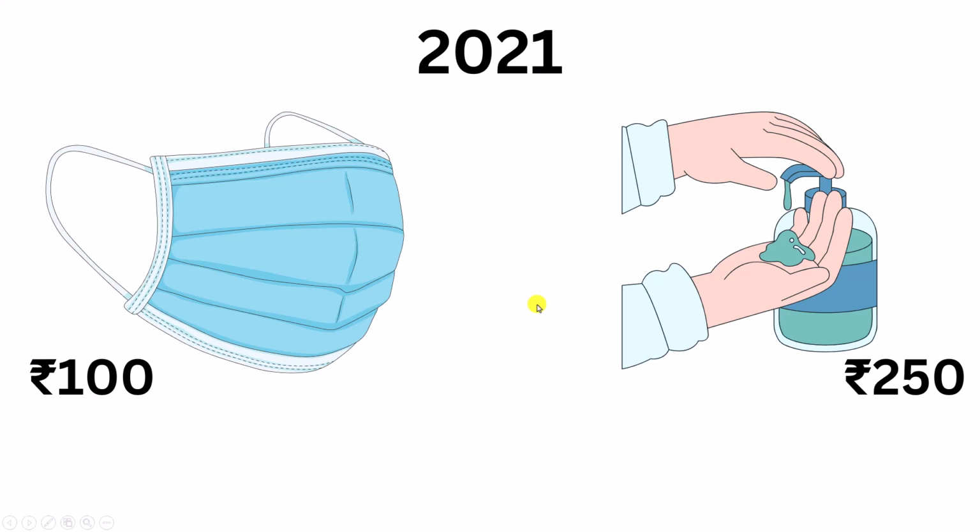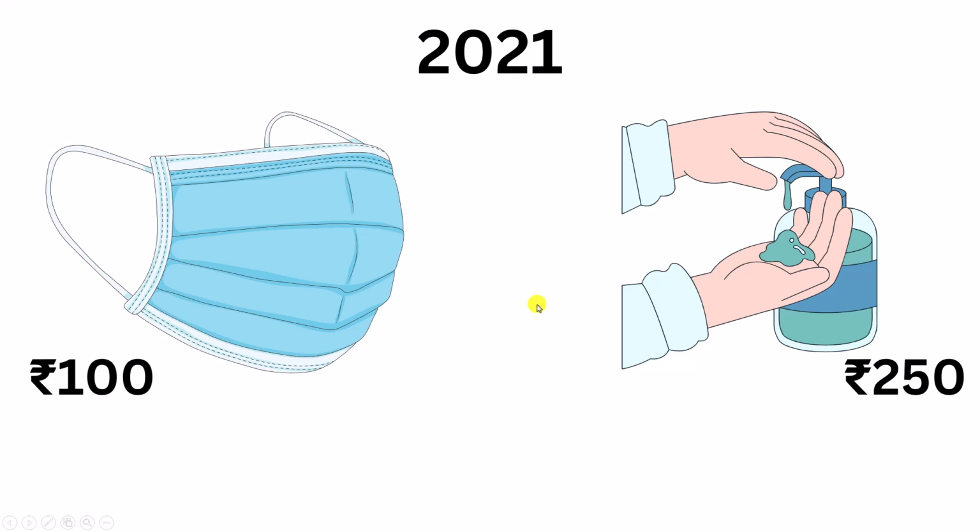Okay. Next, in the year 2021, the severity of COVID decreased and also the government relaxed the rules of wearing masks and using sanitizers. The government said that it is not mandatory for people to use face masks and they only need to use it when they gather in large numbers.